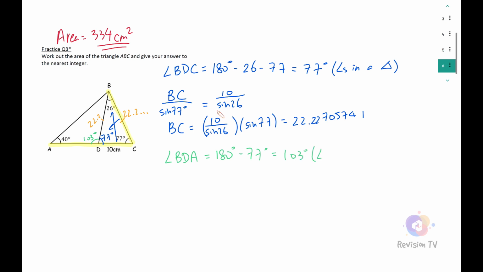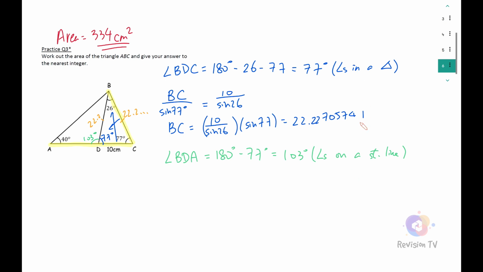The reason being is angles on a straight line. Now you can use this kind of symbols in the real exam, angle, straight line. These are like universal ones, so you can use them. The question didn't ask you for a reason, but sometimes in a harder question, like this question could have been worth 5 marks and asked you to show all the working, give a reason for every step. So these are things you have to do.